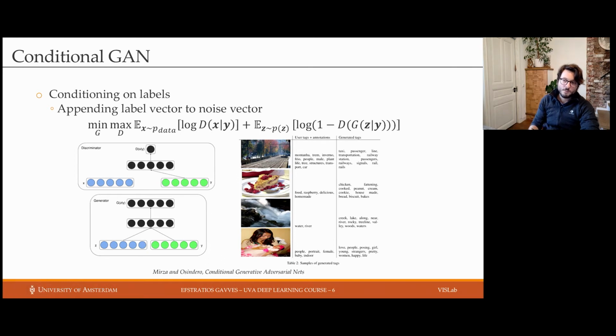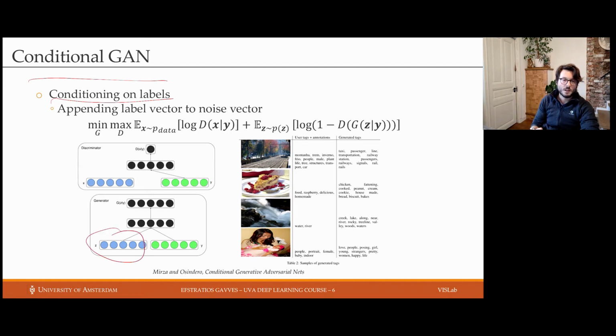One of the characteristics of generative adversarial networks is that they have no encoder, and therefore it's also not obvious how you can condition the generation on another variable. So the conditional GAN by Mirza and Osindero addresses these specific problems. In fact, they propose to condition on labels.